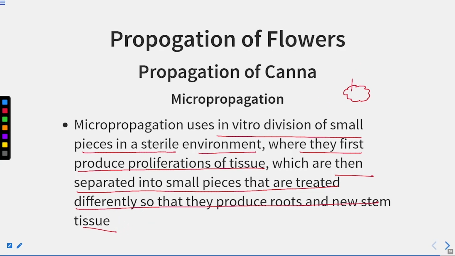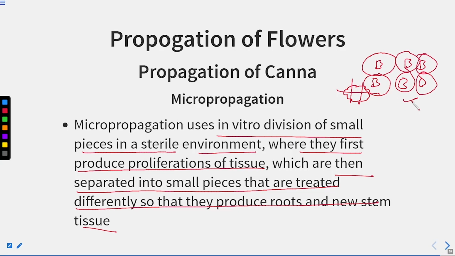So these calluses can be cut into pieces and placed in another nutrient medium, applying different chemicals that produce roots or shoots accordingly.